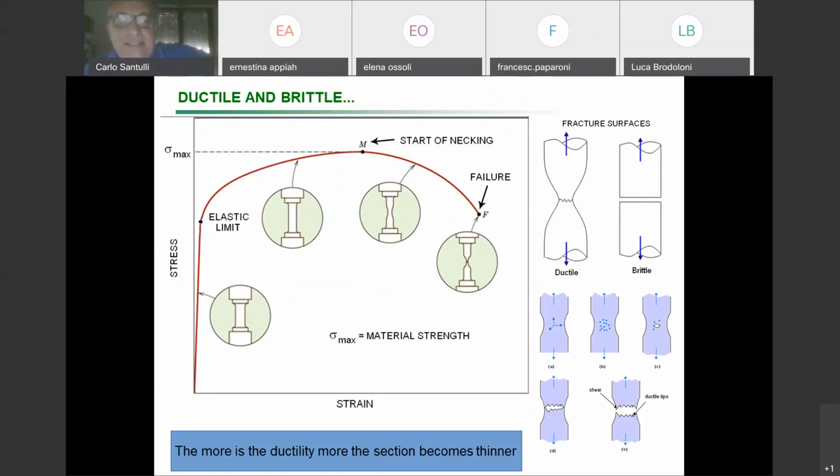It's plastic, because you're simply rearranging in order to show necking. There is a phase in which the internal forces and internal structure are rearranging in order to show necking later on. But you should stop before the elastic limit.